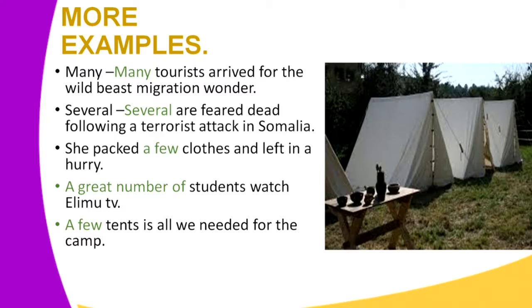Next we have, she packed a few clothes and left in a hurry. A few is another quantifier. A great number of students watch Elimu TV, which I believe is so. So a great number of is a quantifier. A few tents is all we needed for the camp, and a few is a quantifier.